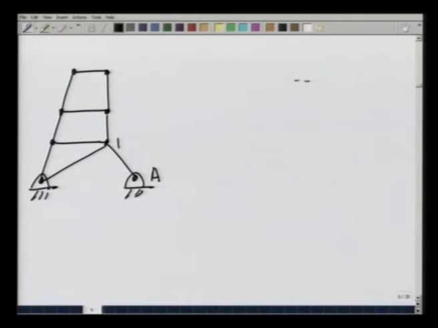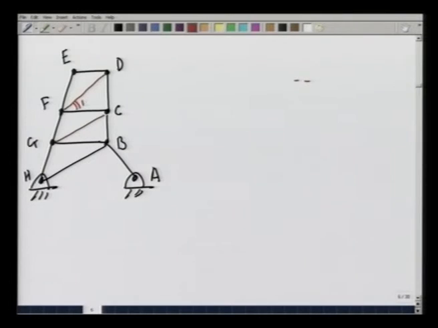So, to calculate the forces on F, let us balance the forces on F. Let me make the truss again. A, B, C, D, E, F, G, H, and I have already shown you how these are the other lines.